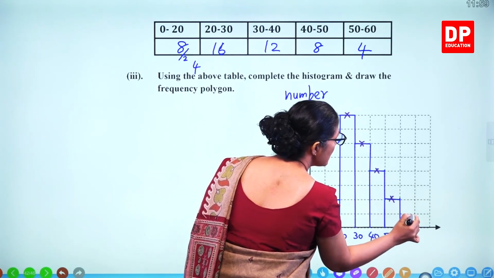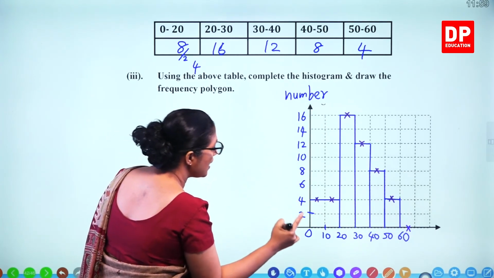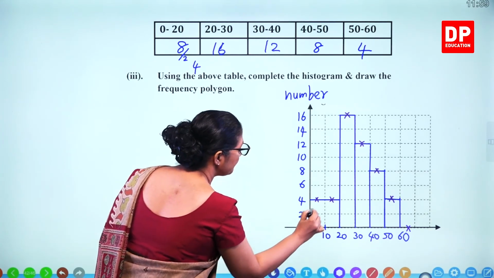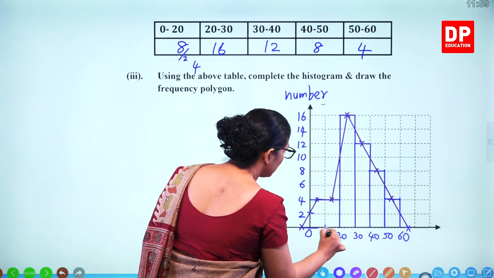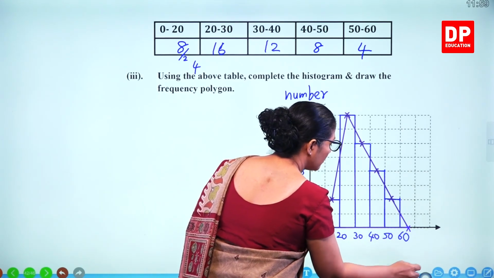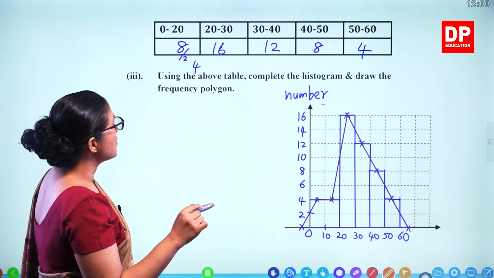So it should be the same. And mark the midpoint after that interval and before that interval as well. And now connect. So that's the frequency polygon.